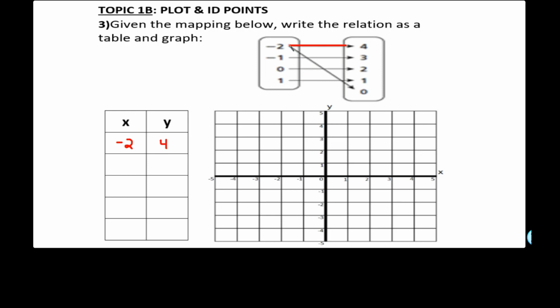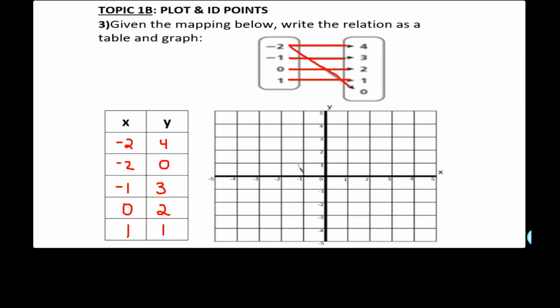Then I'm going to follow this other arrow here. So this would be -2, 0. Then I'm going to do -1, 3, and then 0, 2. And the last one will be 1, 1.